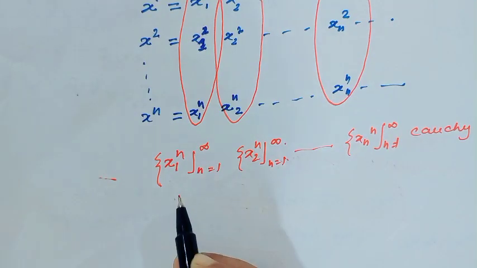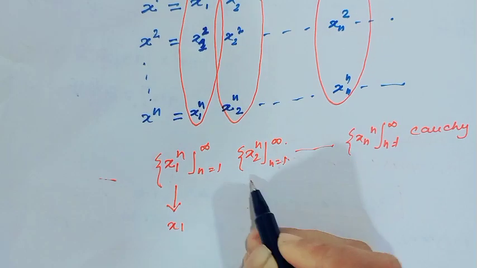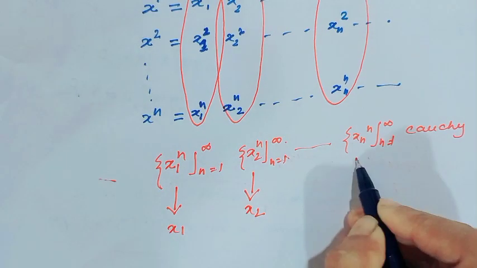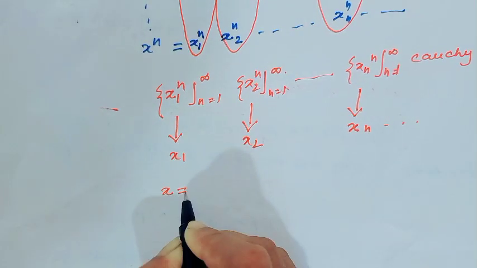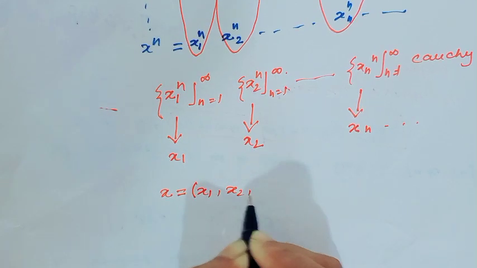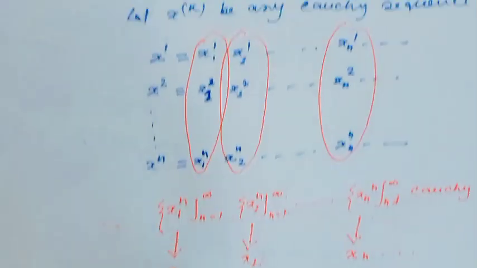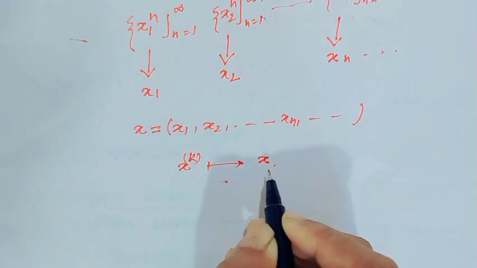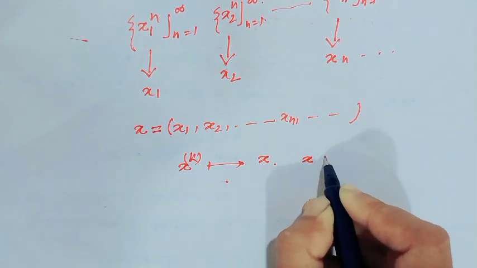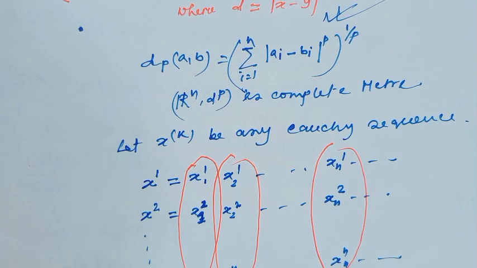Then in our next goal, I will say this converges to x1, this converges to x2, and this converges to xn, where x equals (x1, x2, up to xn). And for our given sequence xk, we have to show that xk converges to this x. And we have to show this x belongs to the Lp metric space. This is our goal of this proof.